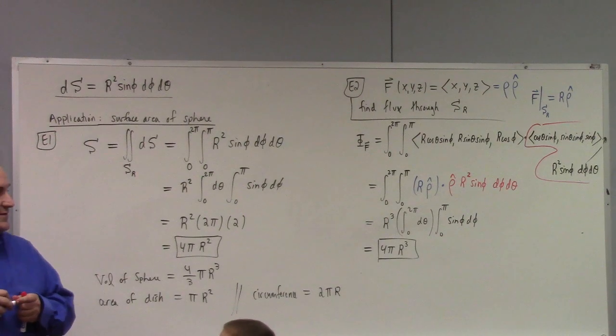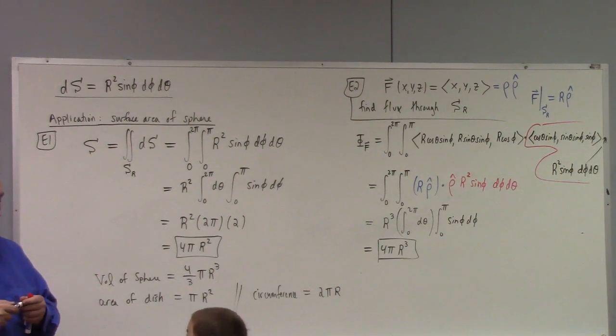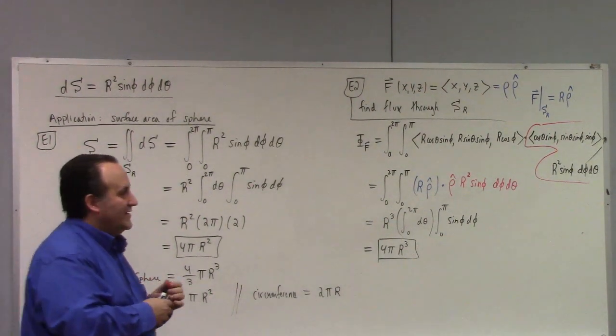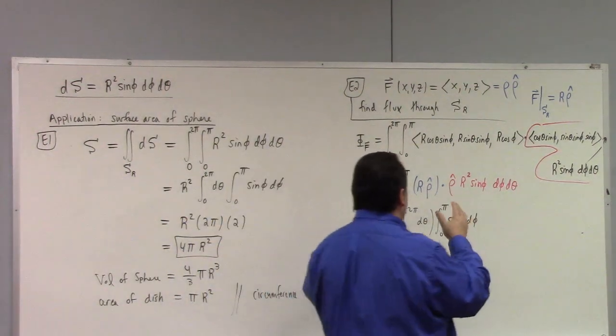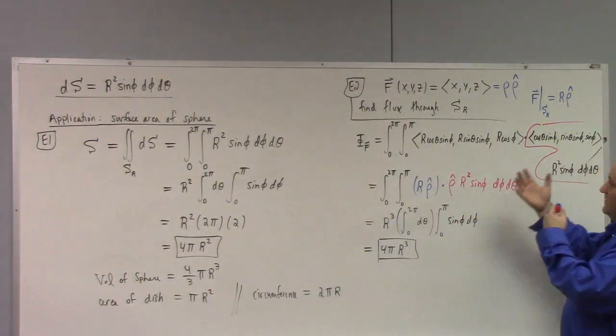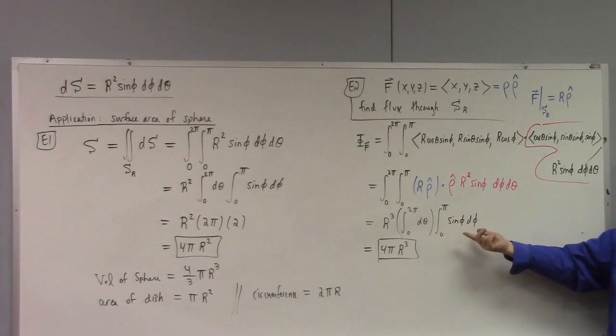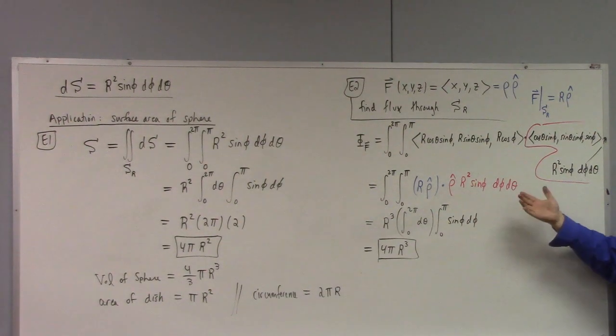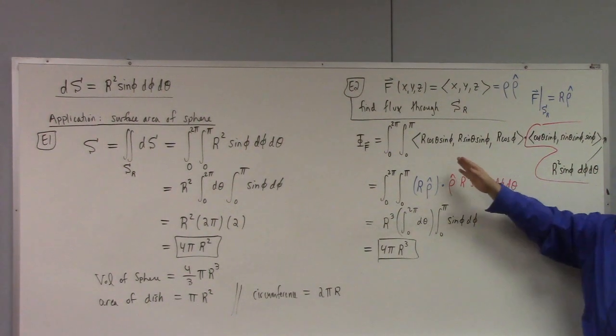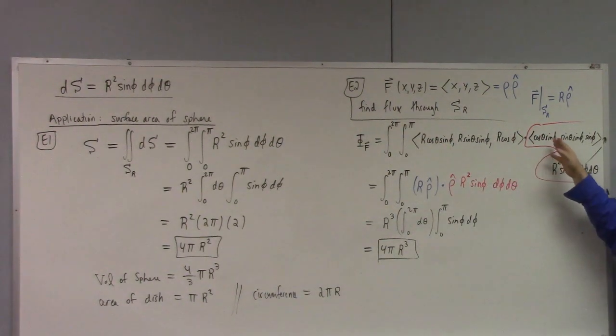Now, if we calculated the dot product here, what should happen is we get this collapsing through sine squared plus cosine squared equals 1, so we just get to this integral. Maybe we can see it if we just look at it. This times that gives you a cosine squared theta sine squared phi.